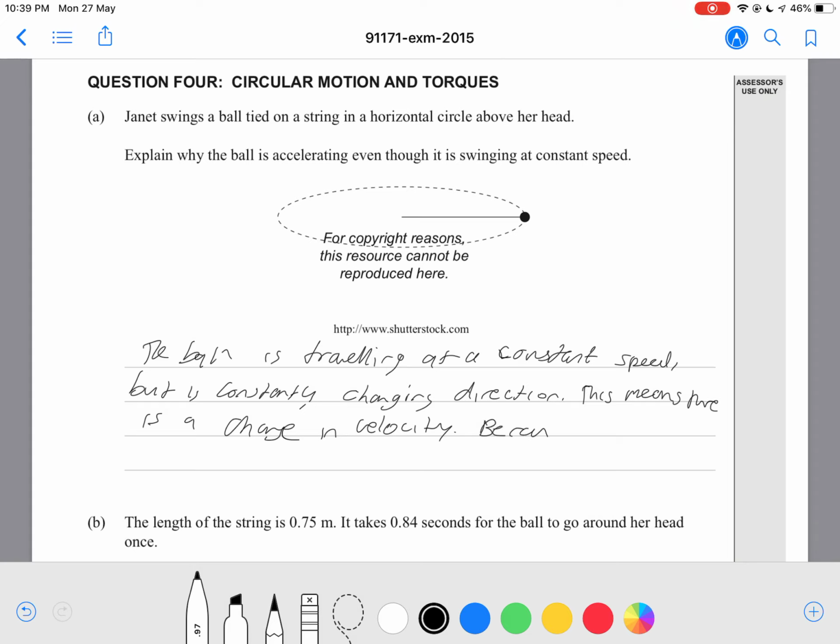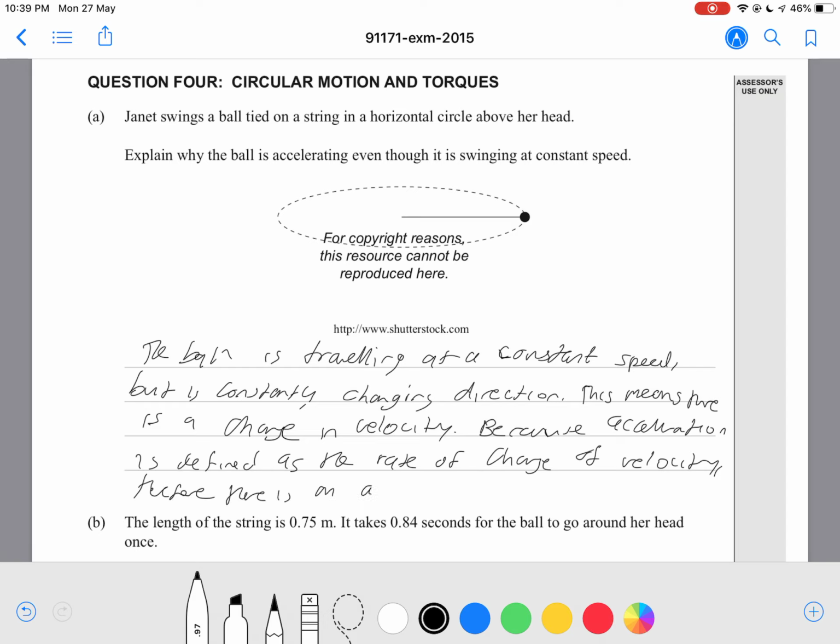Because acceleration is defined as the rate of change of velocity, therefore there is an acceleration. Alright, so basically the ball in circular motion is accelerating.